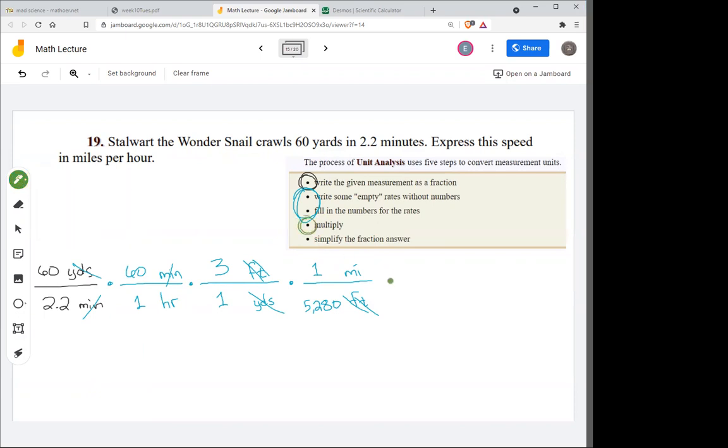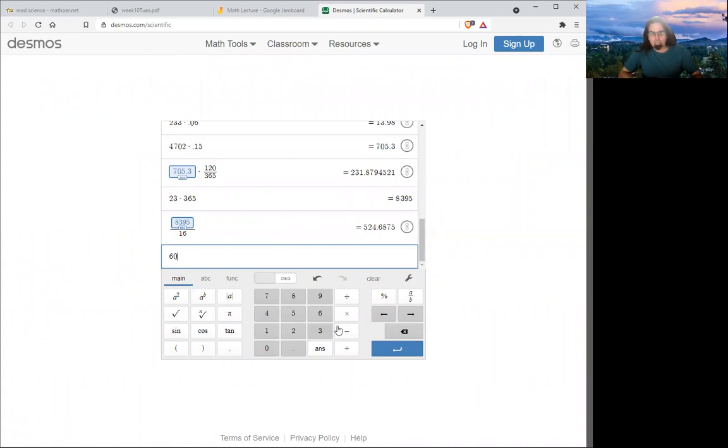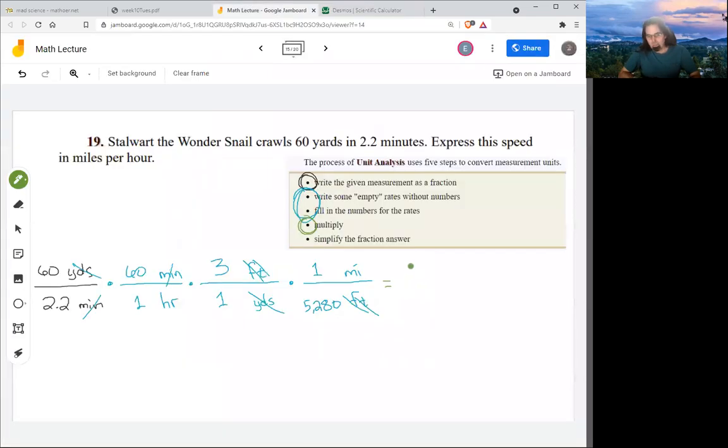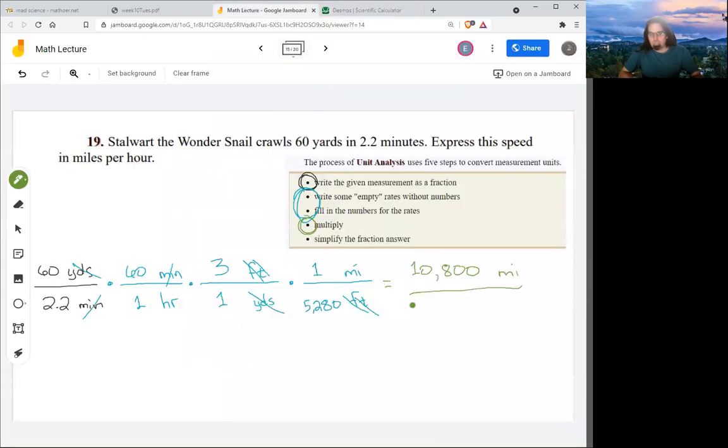So I'll multiply across: 60 times 60 times 3, 10,800. Then .2 times 5,280, 1,056.